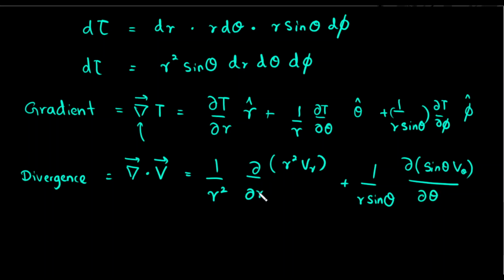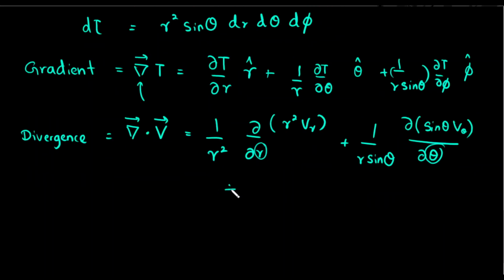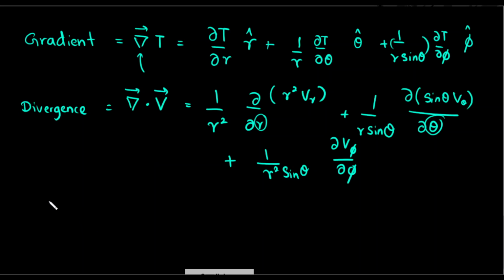Look carefully, this is going to be r theta, and the other partial differentiation is going to be with respect to psi. So now we have plus 1/(r sin theta) ∂v_psi/∂psi. So this is going to be my divergence.